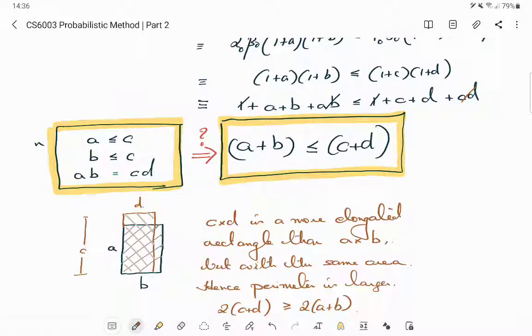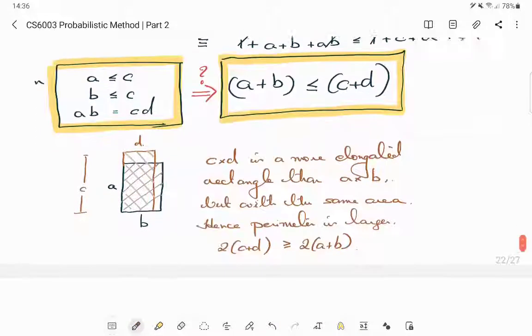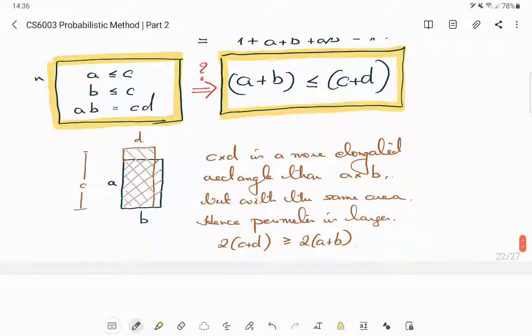And now you know that when 2 rectangles have the same area, more elongated ones have the larger perimeter. And now you see that the conclusion that we are looking for is essentially a relation among the perimeters, right? In fact, twice of a plus b would be the perimeter of the black rectangle, and twice of c plus d would be the perimeter of the brown rectangle. Okay, so since CD is a more skewed rectangle than AB, its perimeter has to be larger, and that is what this 4 numbers theorem would say.